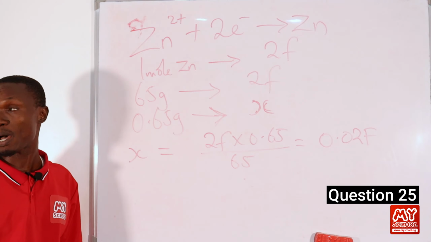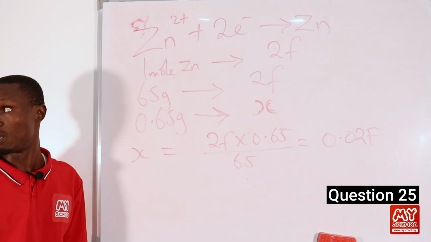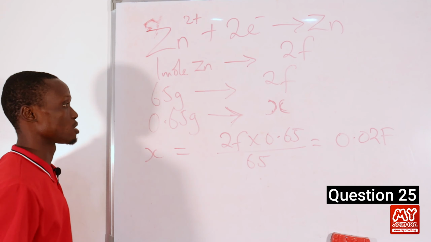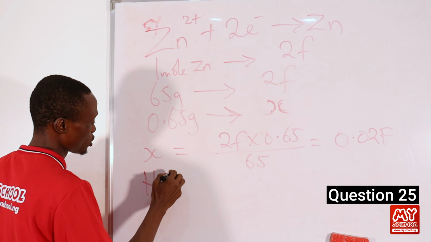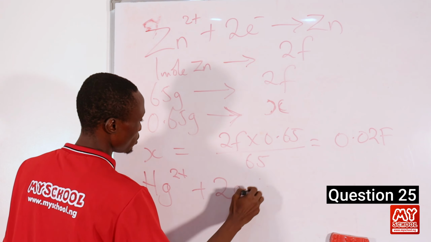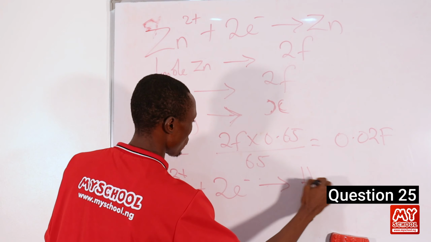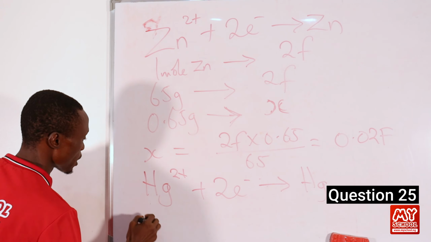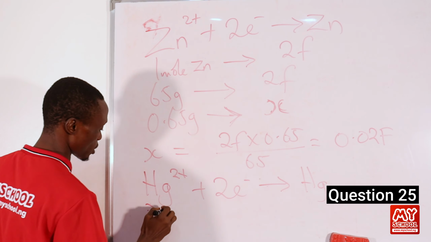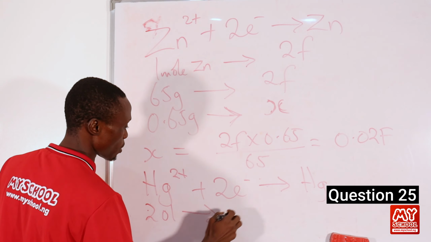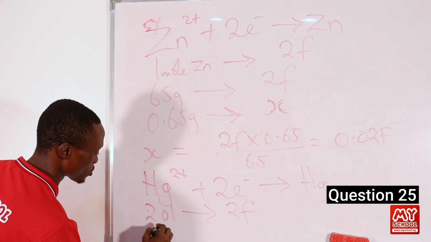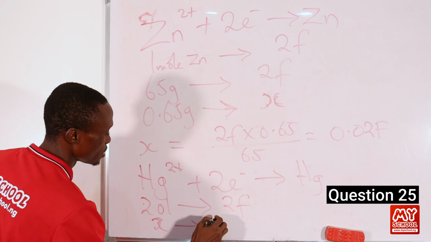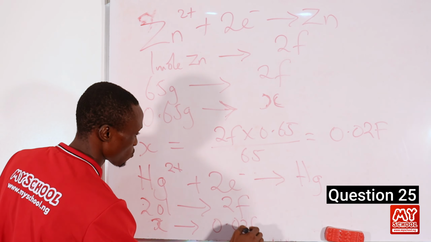Now let's move over to the second part of the question. They said, what amount of mercury will be liberated by the same quantity of current? We know that mercury ion, Hg2+, will also be liberated by 2 Faradays. So mercury, which is 201 gram, will be liberated by 2 Faradays. So what mass will be liberated by 0.02 Faraday?